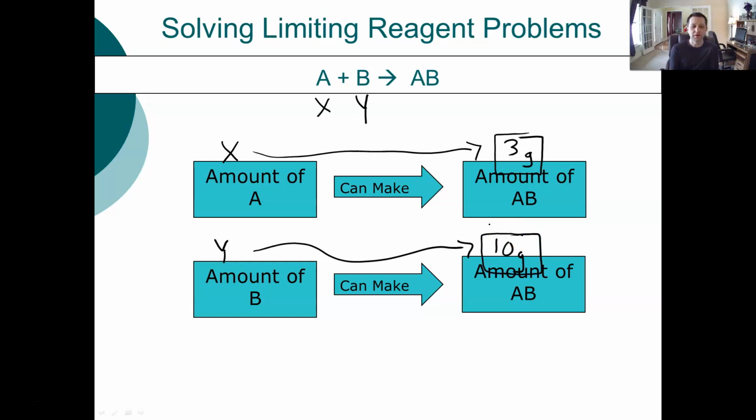Okay? So if I take a look at this, what's going to limit how much AB I could produce? Well, it's going to be substance A. So substance A is going to be our limiting reagent. Substance B is going to be our excess reagent. All right? So that's the general game plan for how we want to approach something like this.